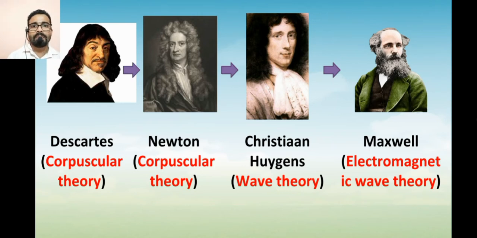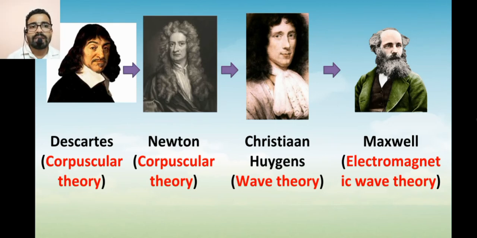But later Newton took that theory, the corpuscular theory, and developed it, and he wrote his discovery of corpuscular theory in his book called Optics, and that's why corpuscular theory is often attributed to Newton. So in this way the theory of light developed.